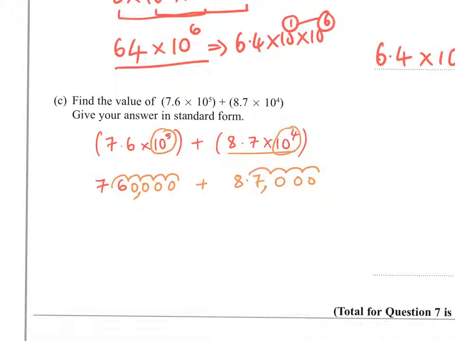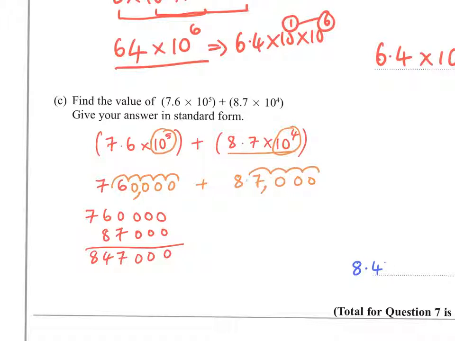Let's just get rid of this decimal point there. And then what we can do is we can just add them normally. So 760,000 and 87,000. So that's 847,000. So I can definitely see 8.47. And if I times that by 10 once, twice, 3 times, 4 times, 5 times, then that should be my answer.